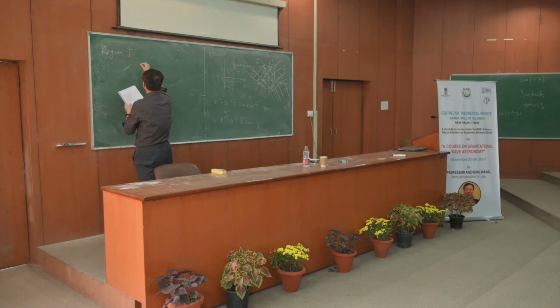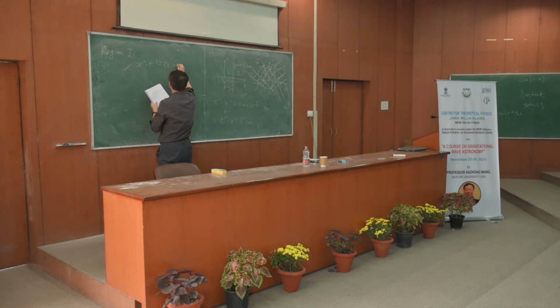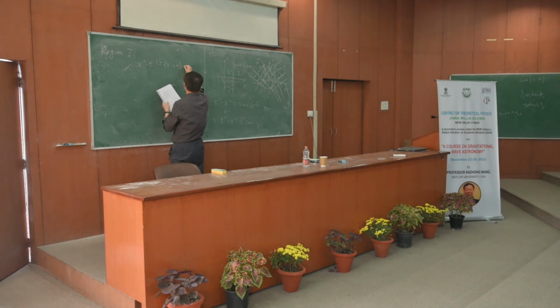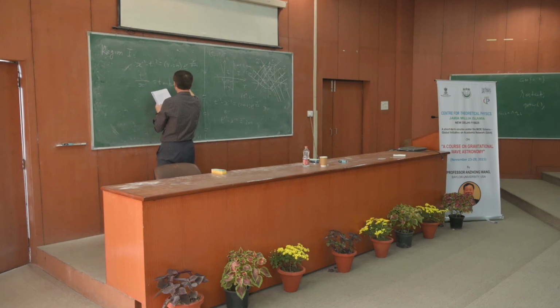In region 1 we have x prime squared minus t prime squared equals (r minus 2n) e to the r over 2n, and t prime over x prime equals tanh of t over 4n, this for r equivalent.